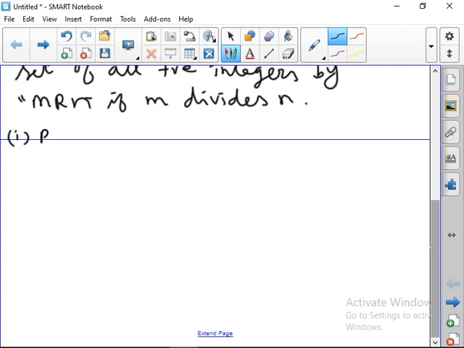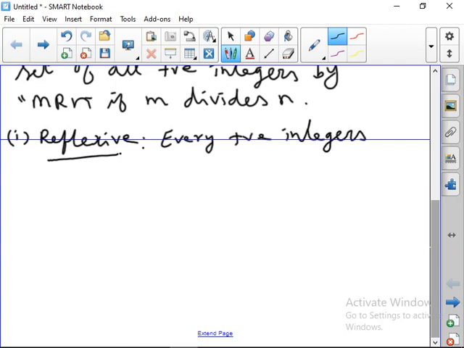First, we will check for reflexive. Every positive integer divides itself. Isn't it?